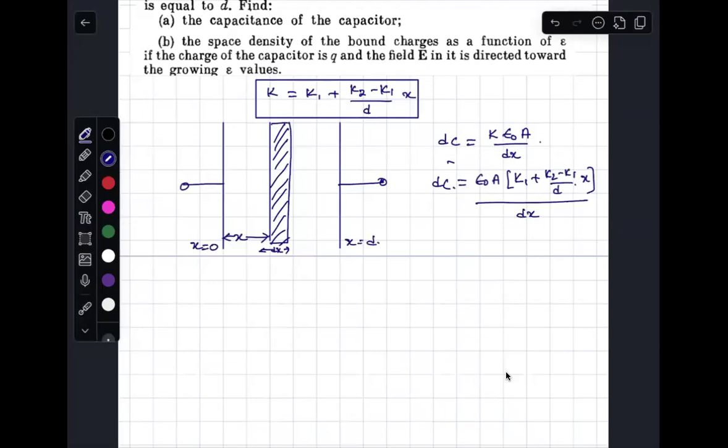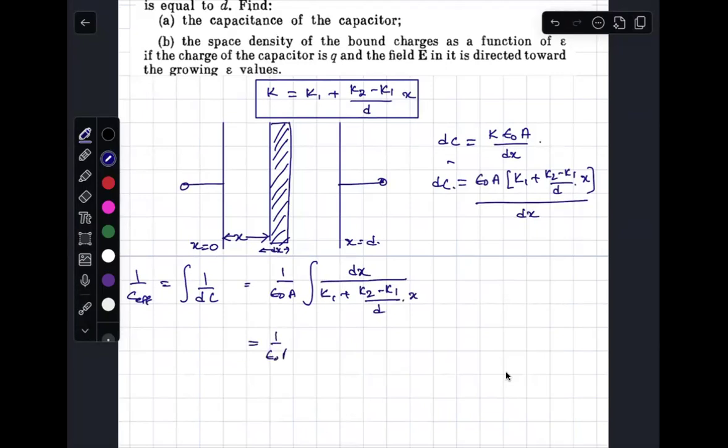Yes, exactly. They are in series. So you have to write 1 by C effective is integral of 1 by dC, which means 1 by epsilon naught A times dx by K1 plus K2 minus K1 by d times x.